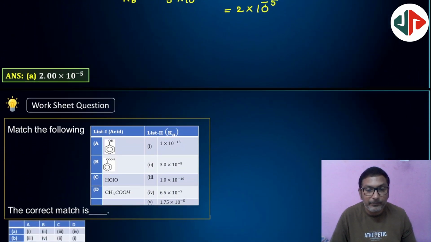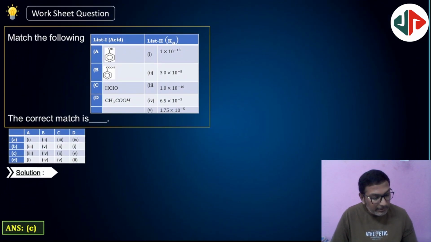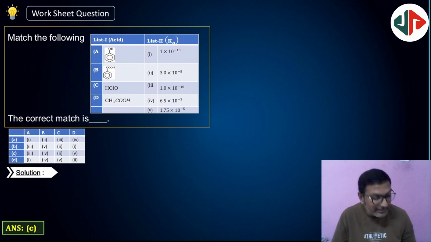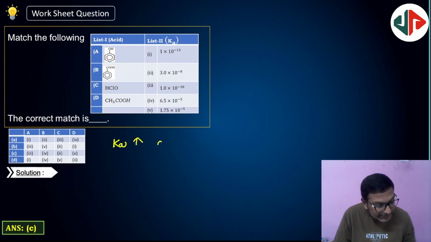Next. So this is also based on the acidic strength of the given compounds. So phenol, benzoic acid, HClO, hypochlorous acid and acetic acid are given. So we know, as the Ka value increases, acidic strength increases.